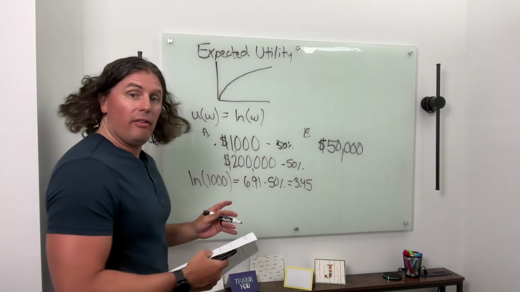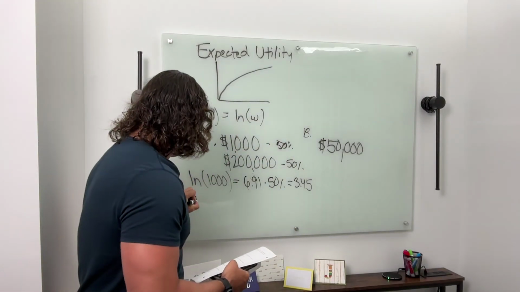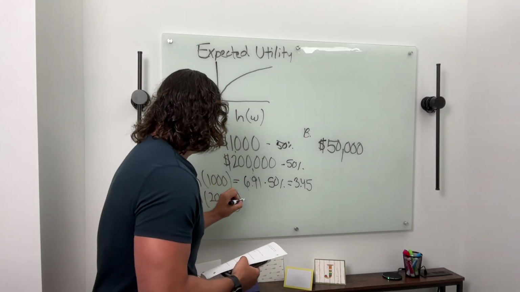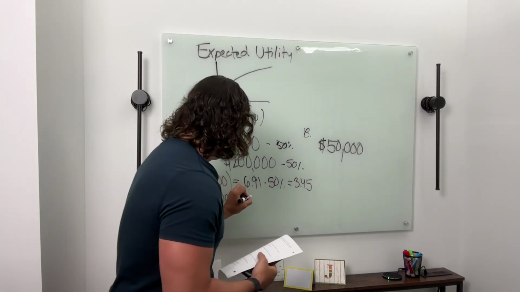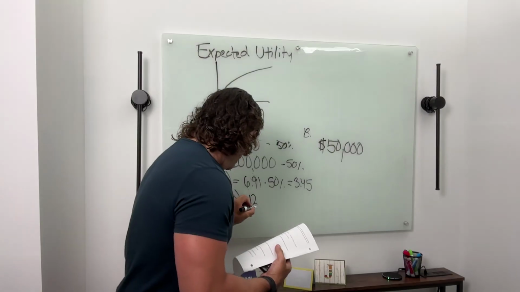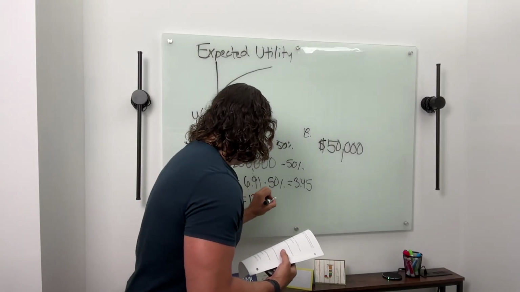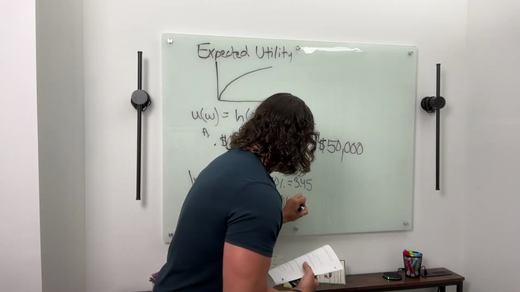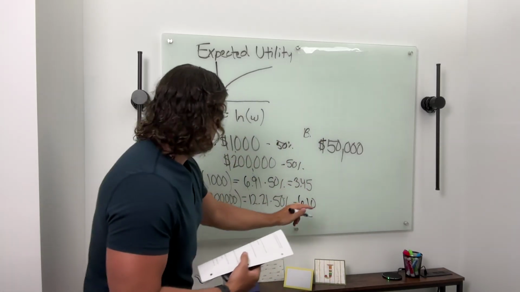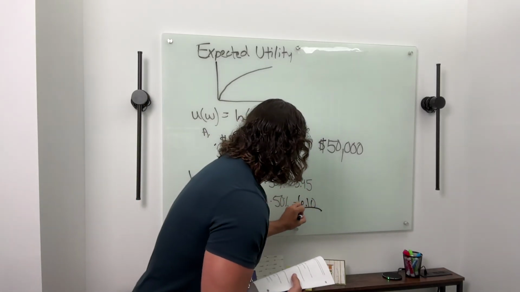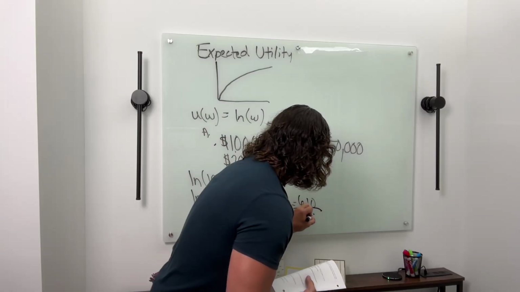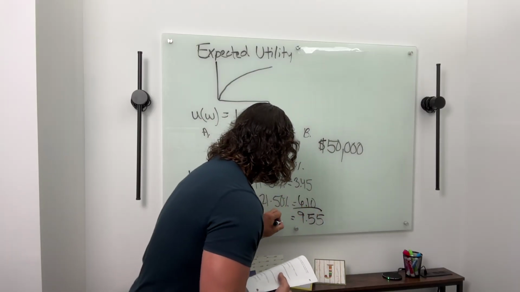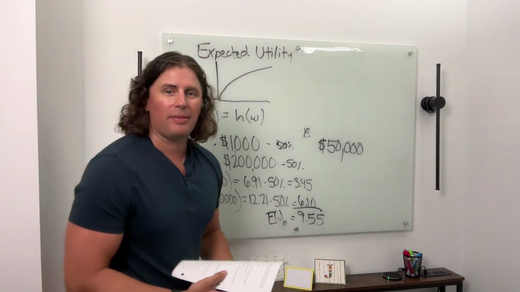I'm going to do the same thing for the other option here, the natural logarithm of 200,000. And that's going to give me 12.21 multiplied by 50%. And I get 6.10. And I'm going to add these together, and it's going to give me approximately 9.55. This is my expected utility of A.